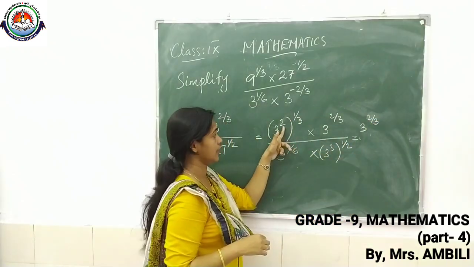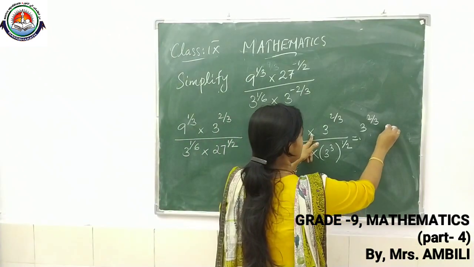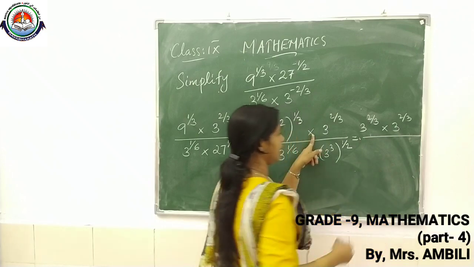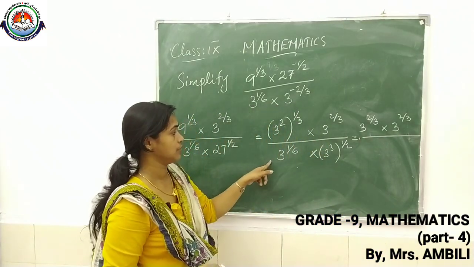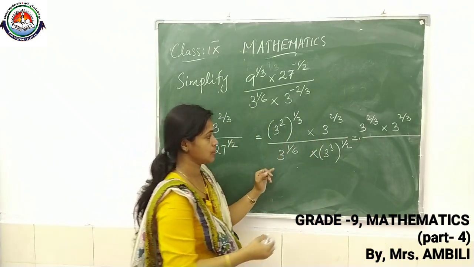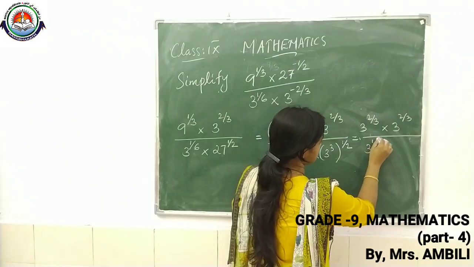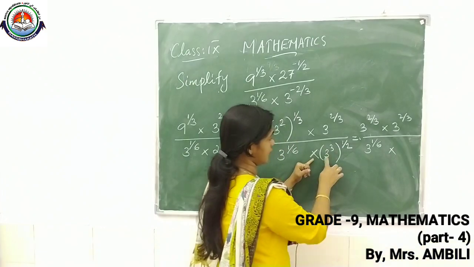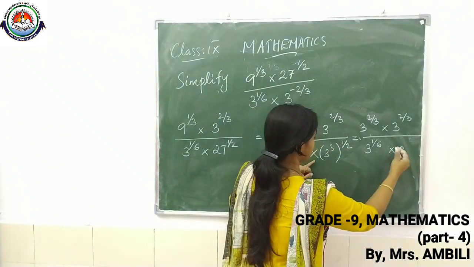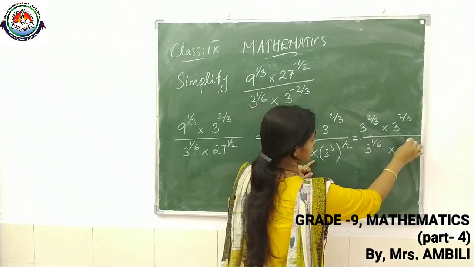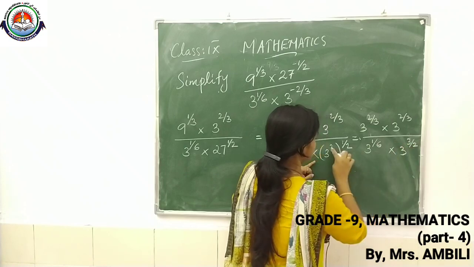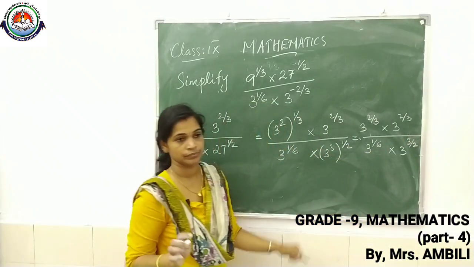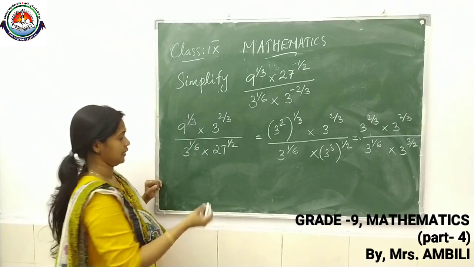Together we can write 3 raised to 2 by 3 into 3 raised to 2 by 3 divided by, down you look, 3 raised to 1 by 6 into 3 raised to, here, 3 by 2. 3 into 1 by 2 means 3 by 2. Clear? Okay.